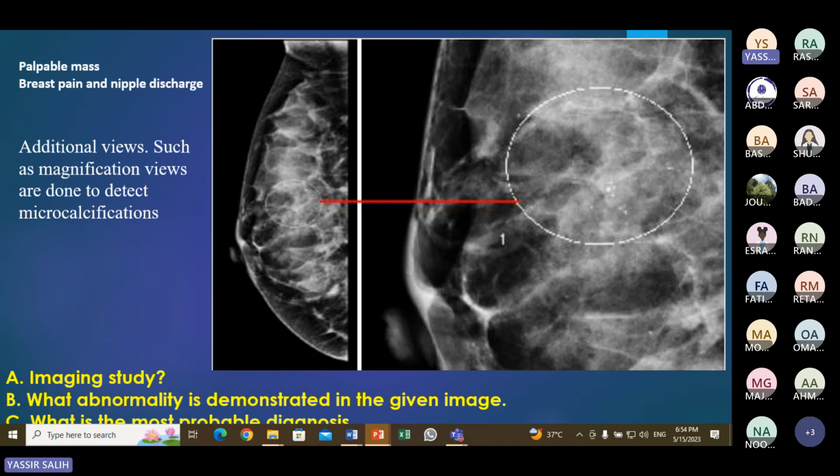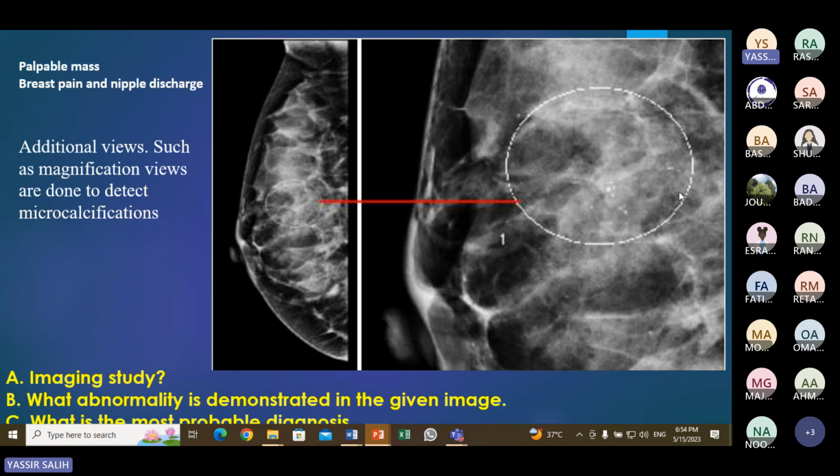And there are many views, craniocaudal and mediolateral oblique. This is an additional view called magnification view, to magnify the abnormality. What is the abnormality within the circle?